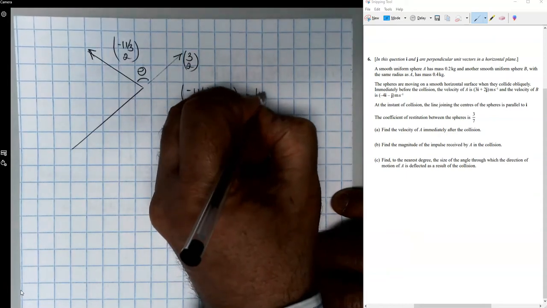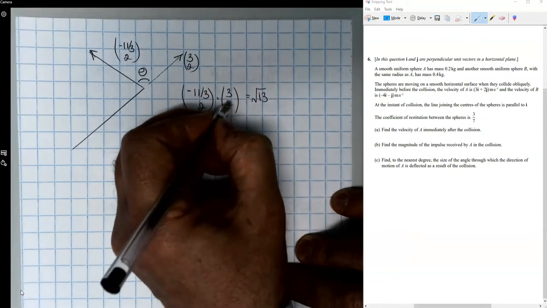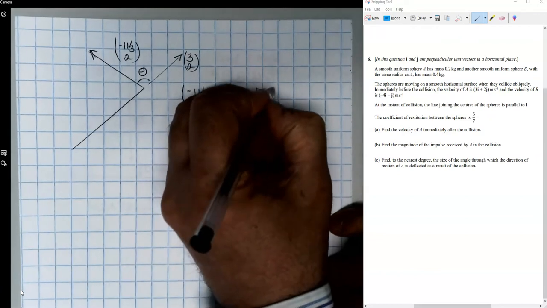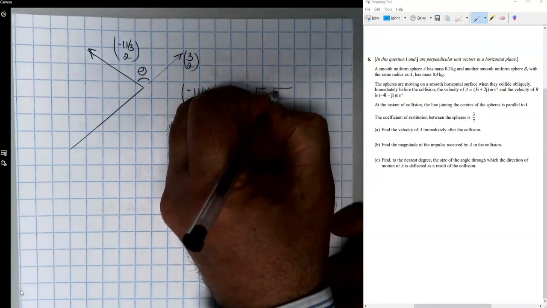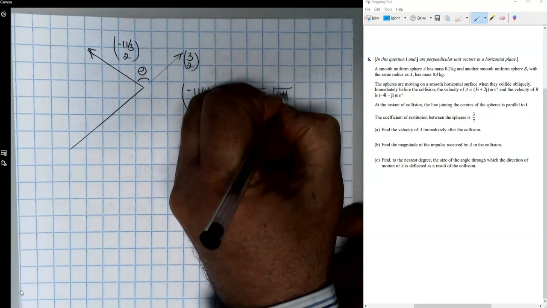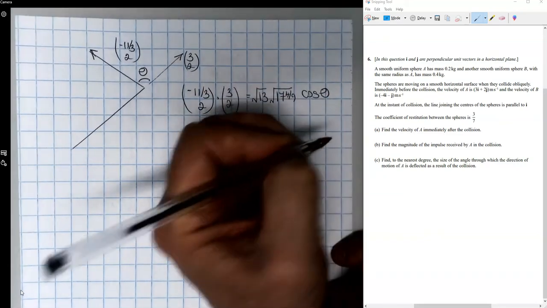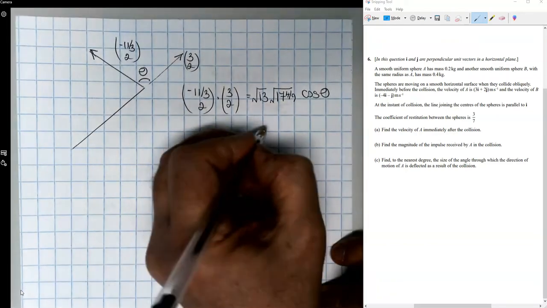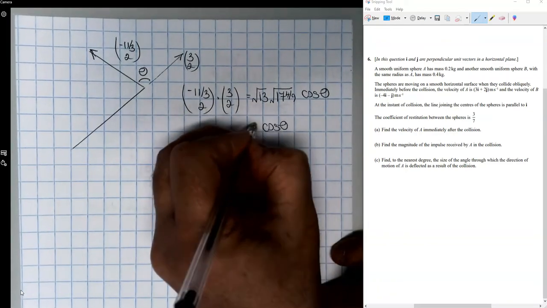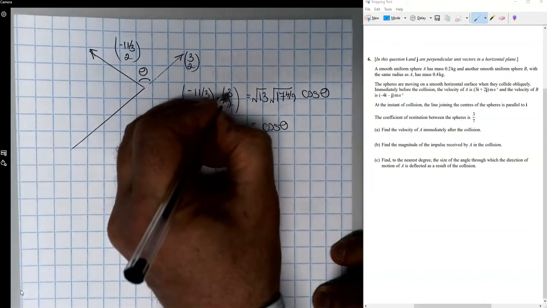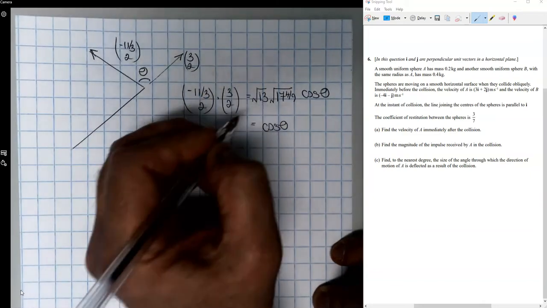Equals root 13, magnitude of this one, times root 17 and 4/9, I believe it is. But clearly we do this on a calculator. Cos theta equals the dot product divided by these two magnitudes.